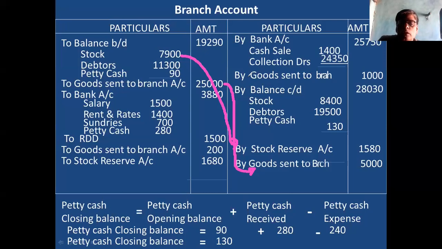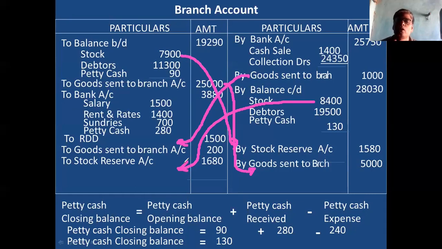In the same way, on return, the credit side item comes on the debit side: goods sent to branch, 1,000 into 1 by 5. Next is closing stock 8,400, which comes as to stock reserve on the debit side. This is the extra step you have to do in case of the invoice price method.